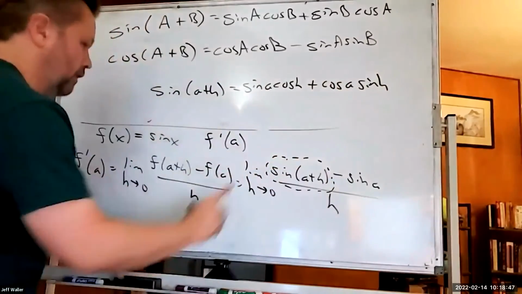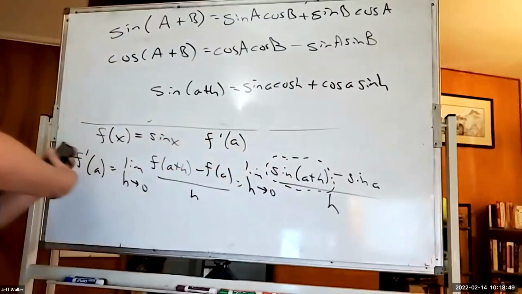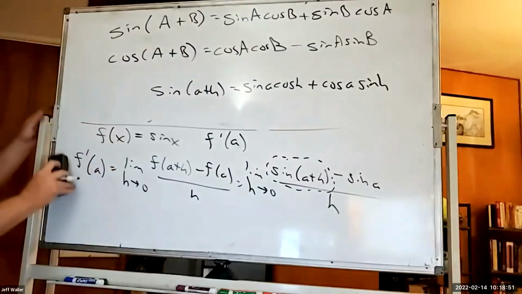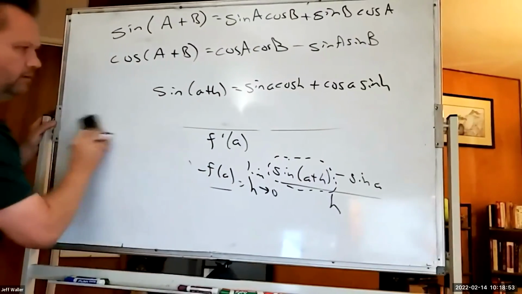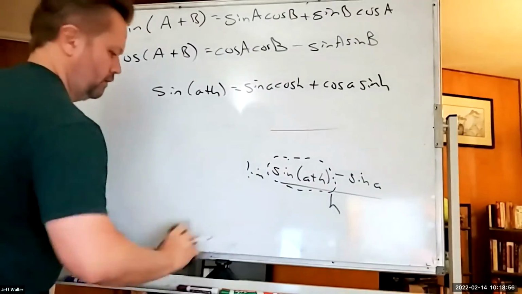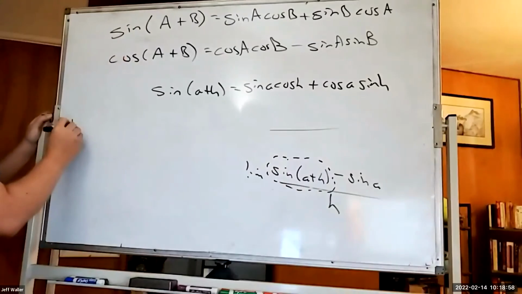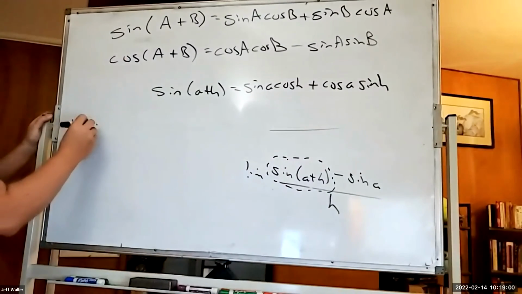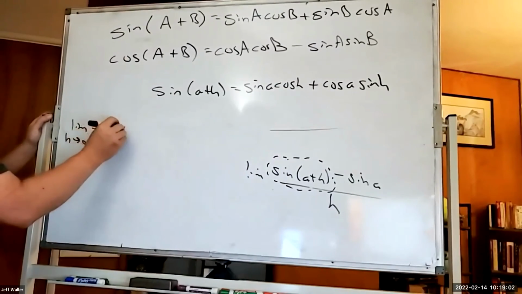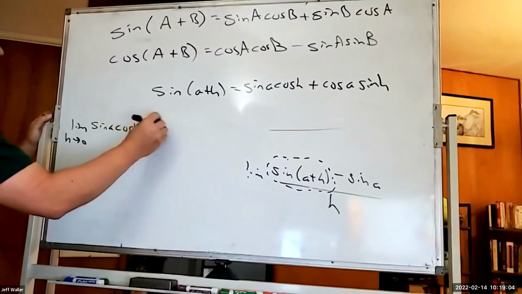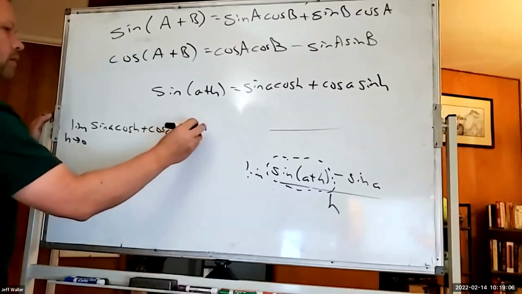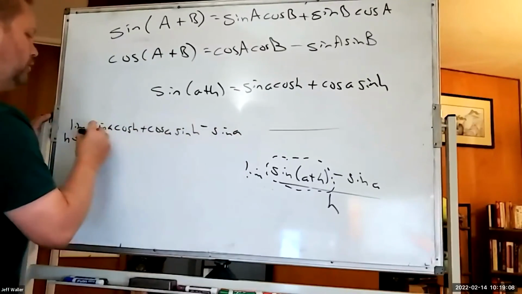Now, maybe I can do this. So this will be sine A cosine H plus cosine A sine H minus sine A, over H.